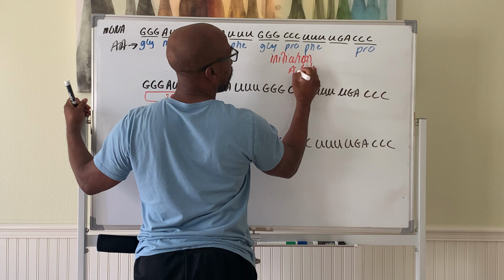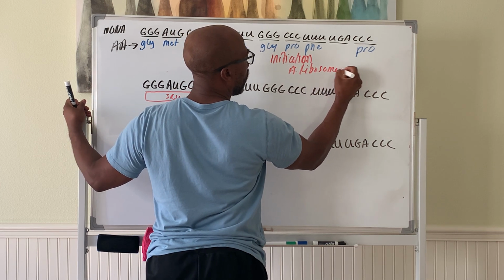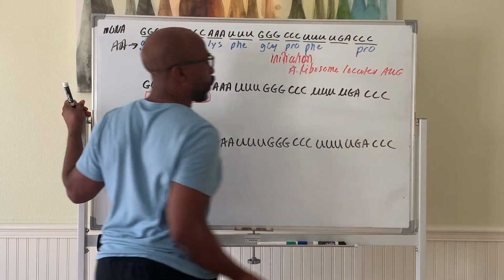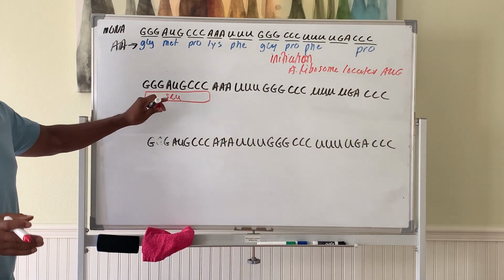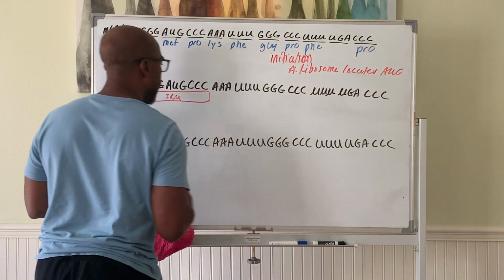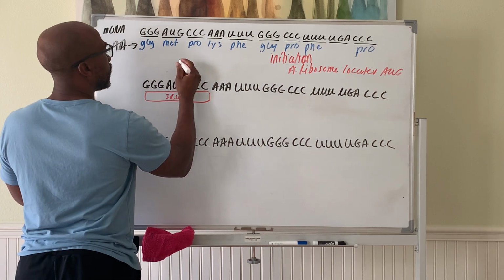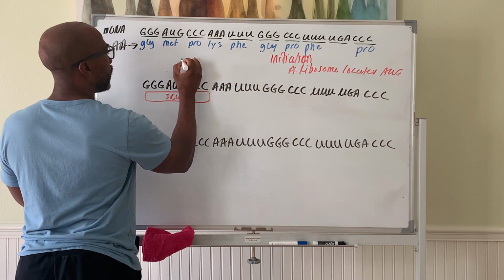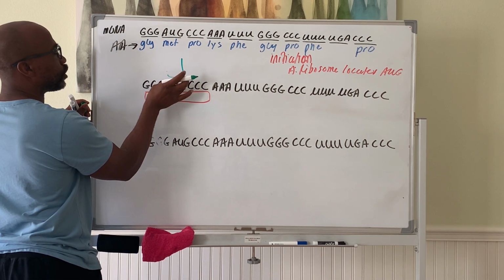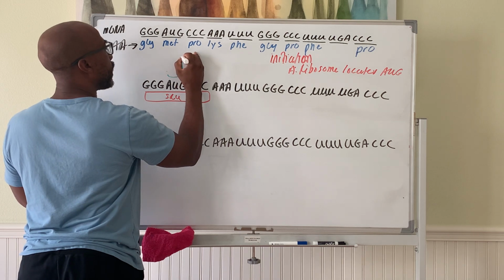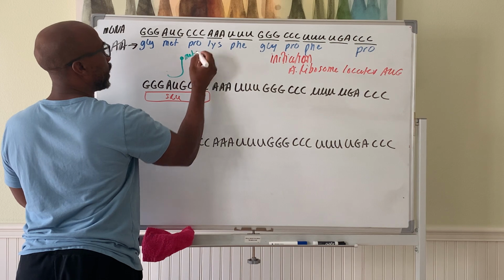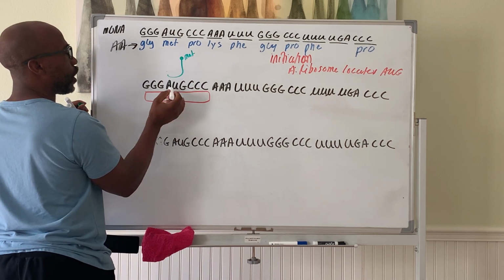It slides along the mRNA until it finds AUG, and then a tRNA will come in and form temporary hydrogen bonds with AUG, and that tRNA will be attached to methionine, because methionine is the amino acid that corresponds to this codon.